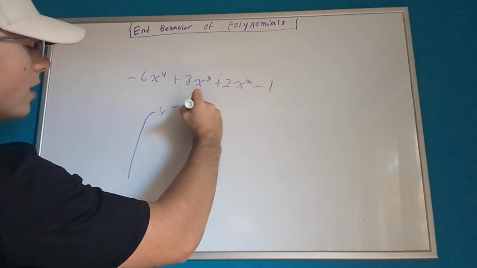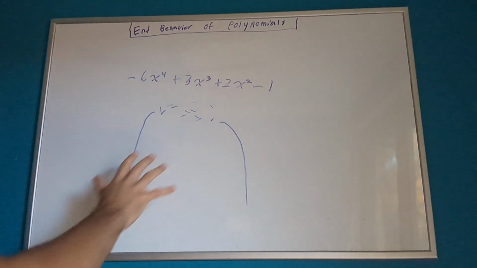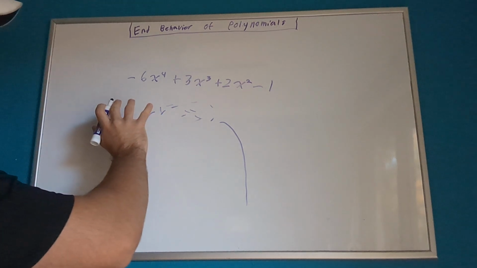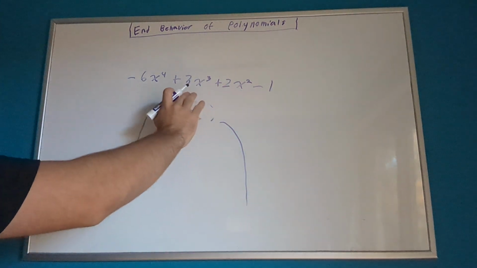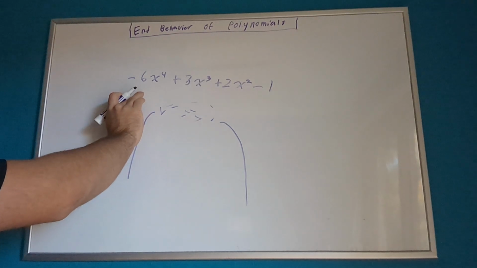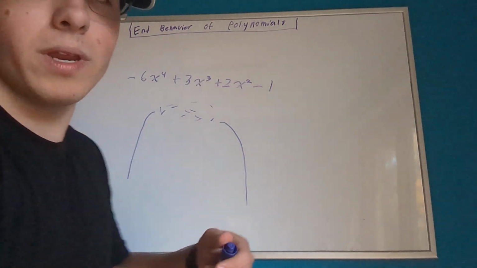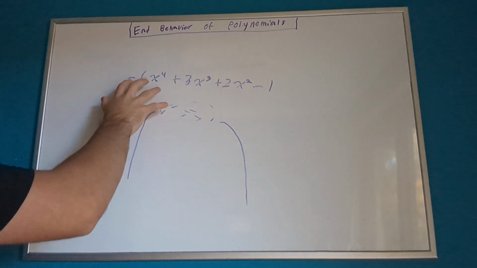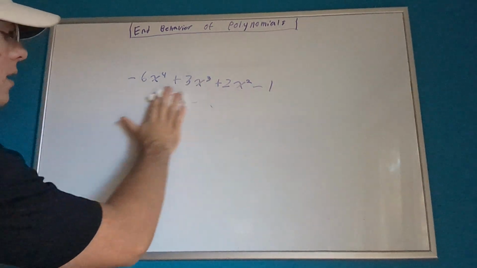We'll have some variation up here, but our graph will look something like that every single time. So what happens as x approaches positive infinity? The end behavior will be negative infinity. And as x approaches negative infinity? The end behavior will be negative infinity. Once you get good at this, you don't even have to make these drawings. You can just look at the expression and determine what the end behavior will be.